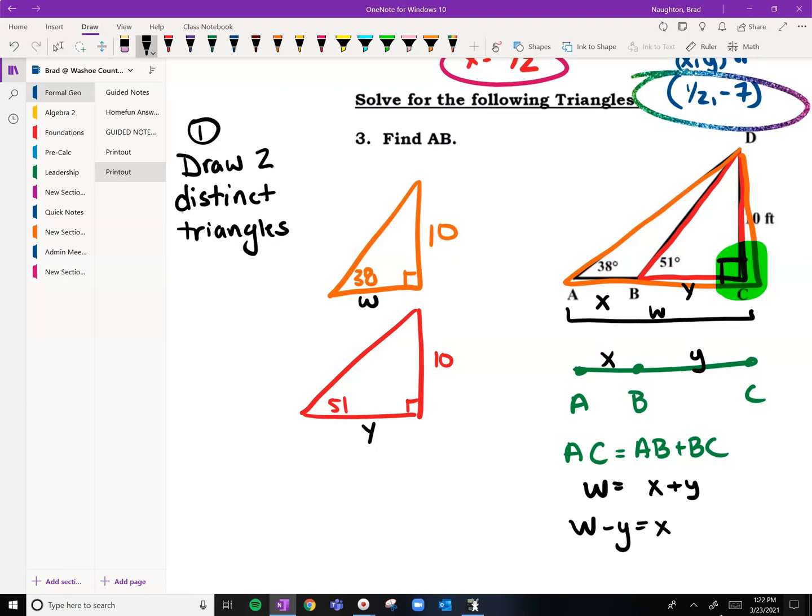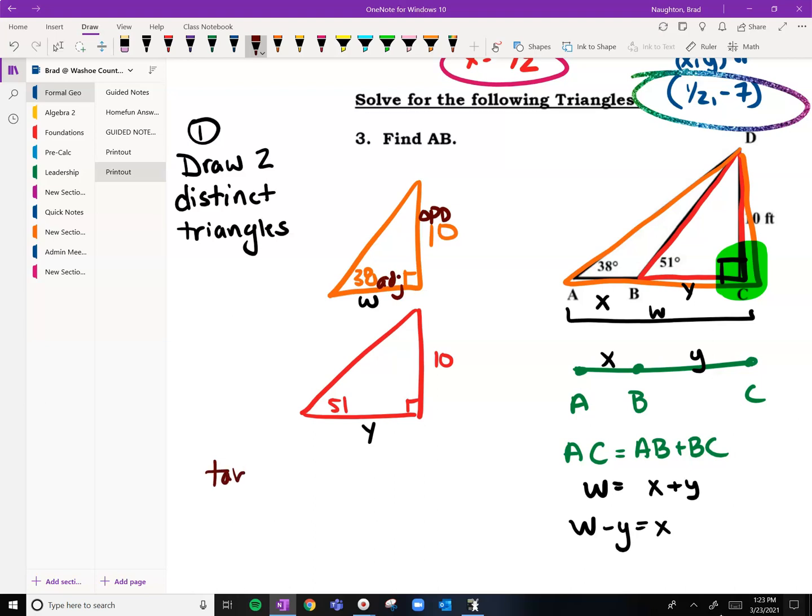So how are we going to find W and X? Well, I do have two right triangles, which means I can use my trig functions to find missing sides. So what's W? If I look at just that triangle, this is the opposite and this is the adjacent.